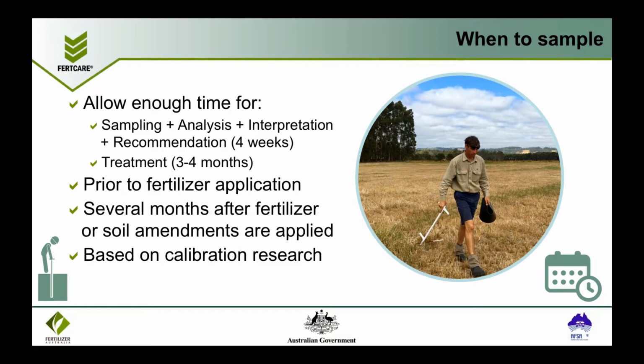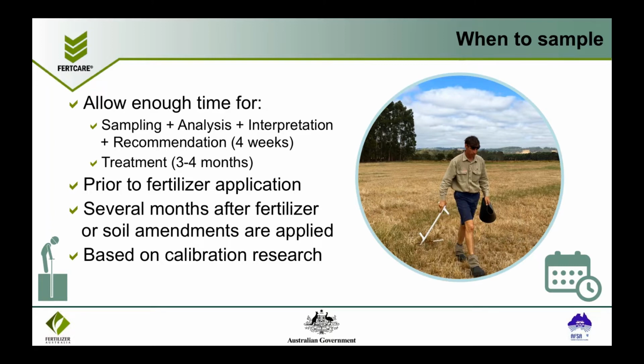If you're faced with a situation where fertilizer or soil amendments have been applied, you're probably going to have to wait for several months after those applications before you undertake sampling, to ensure that the nutrients from the fertilizer or effects from those soil amendments have taken place before you take your sample. And often the timing of sampling is dictated by calibration research.